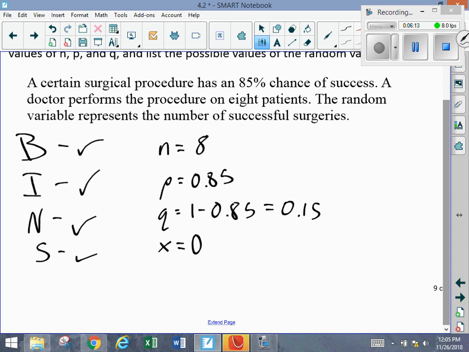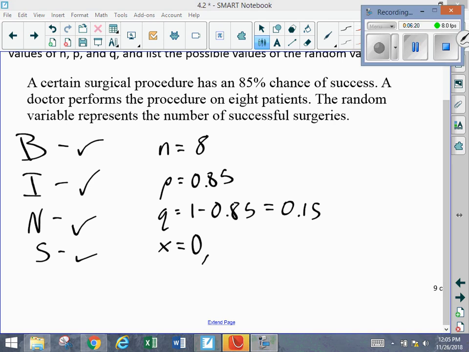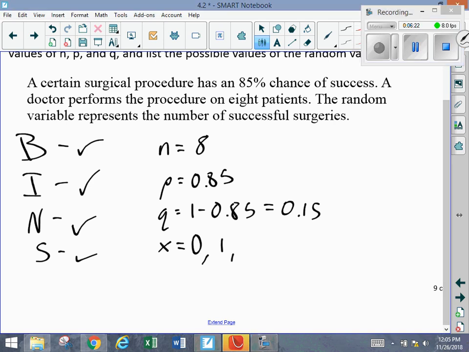Maybe you shouldn't be practicing medicine after that. Then he could have 1 successful, 2, 3, 4, 5, 6, 7, all the way up to 8. Those are all the possible values of X, and they each represent how many of the 8 surgeries were successful.